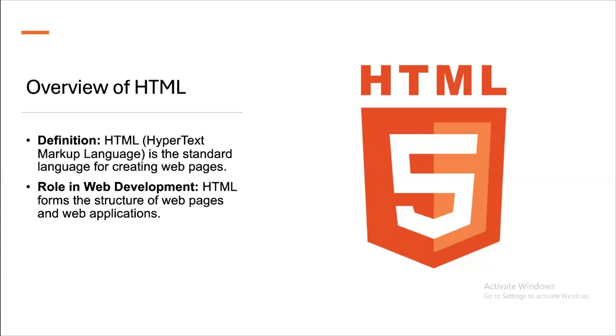A website is a collection of web pages. Basically, we have three types of web pages: the static web page, the dynamic web page, and the server web page. We'll discuss these further in the upcoming slides.